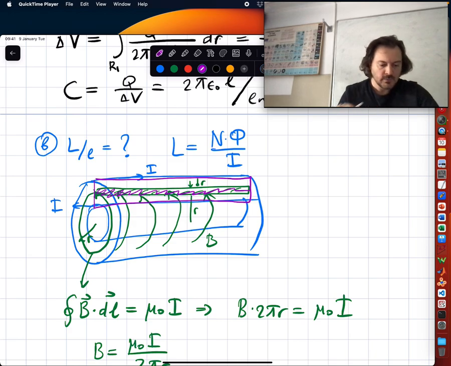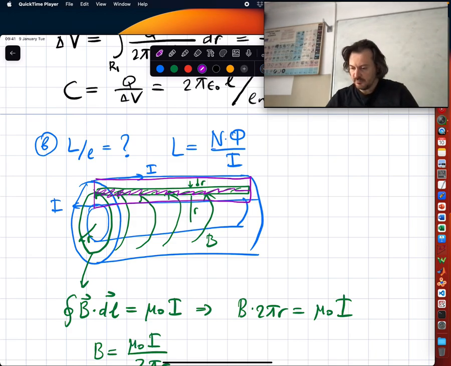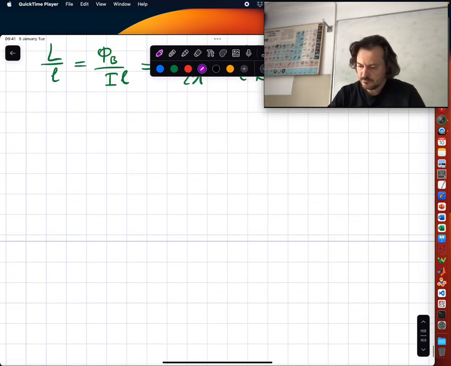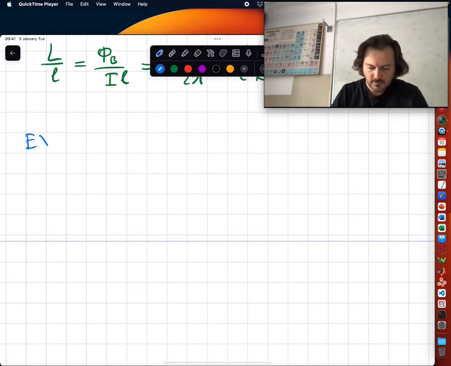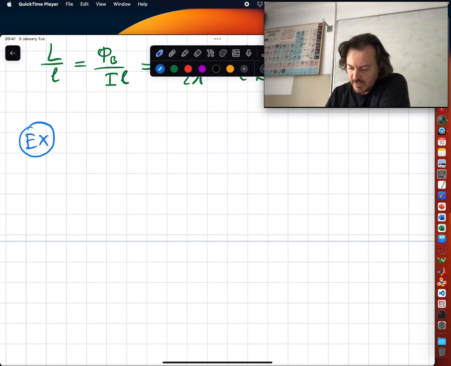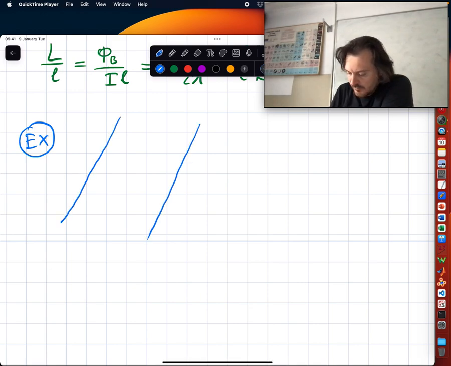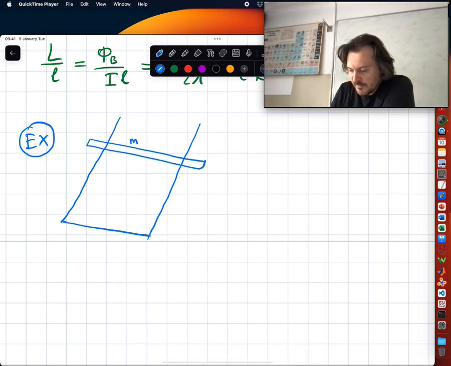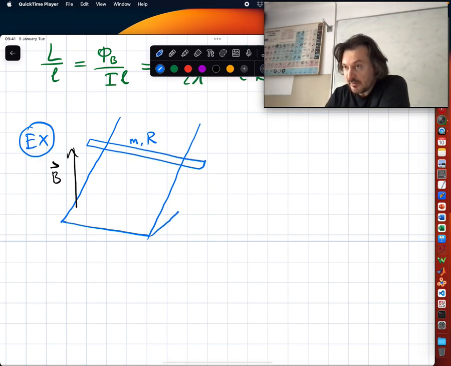Okay. Let me continue with the next question. In the next question, we have a rail here, and there is a rod that has a mass m and resistance r, and there is a magnetic field pointing up, and this angle is theta.